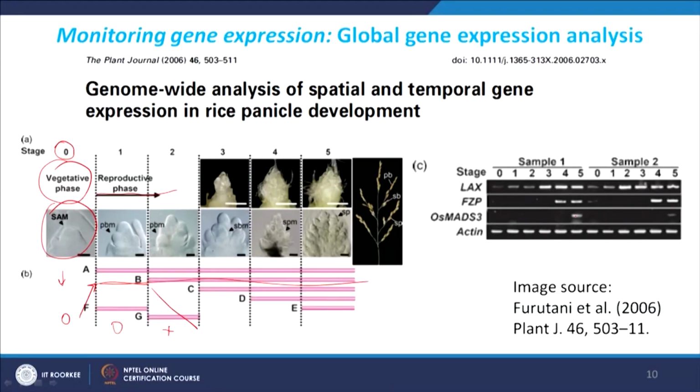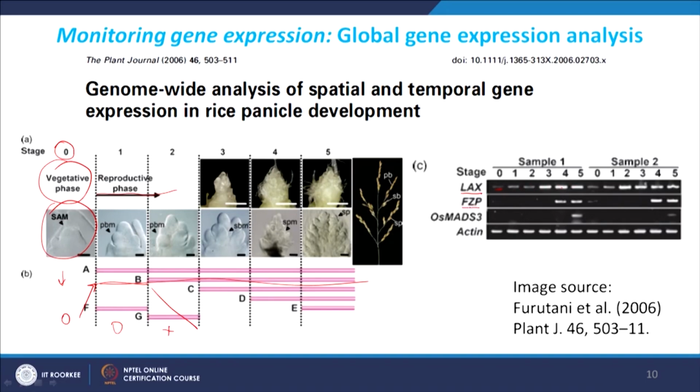For example, some of the genes have been tested here, so you can check this RT-PCR analysis. If you see the gene LEX, the gene LEX is very low at stage 0, but across the stages 1, 2, 3, 4, 5, the expression level is increasing.